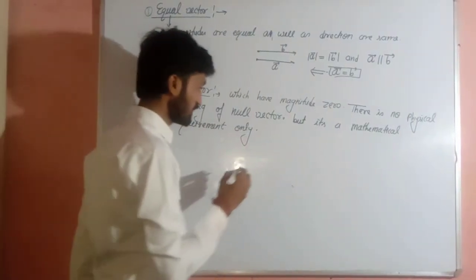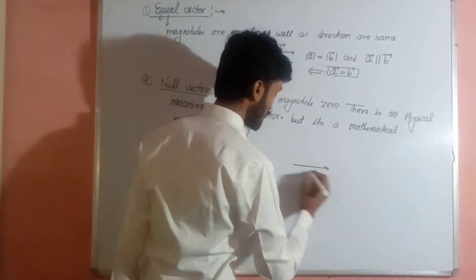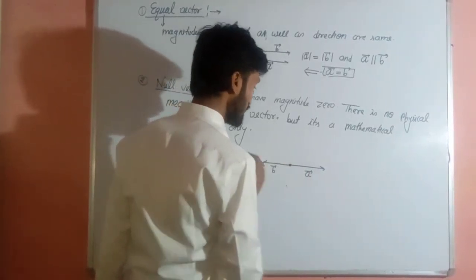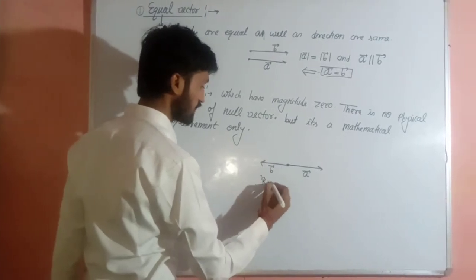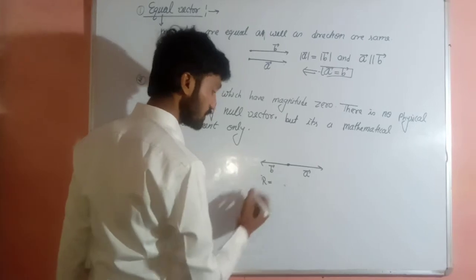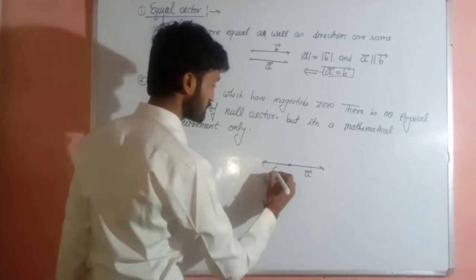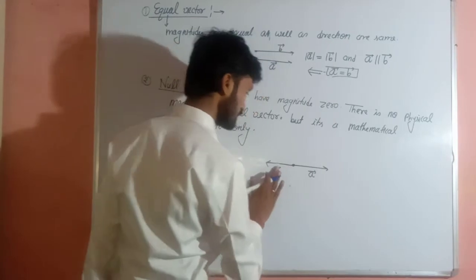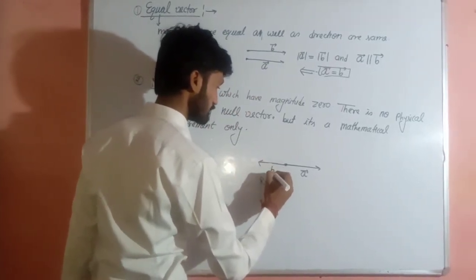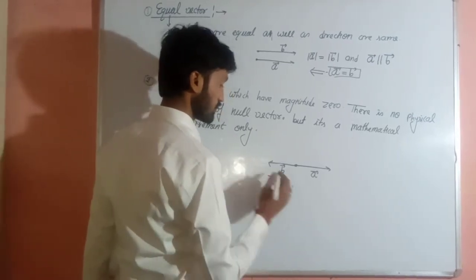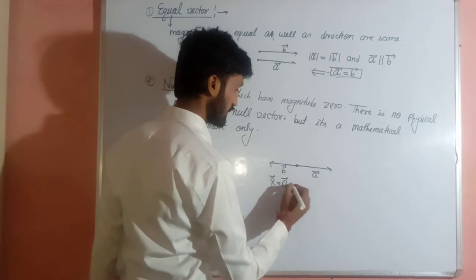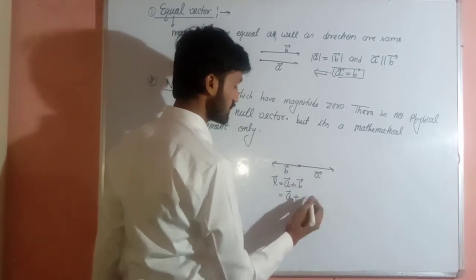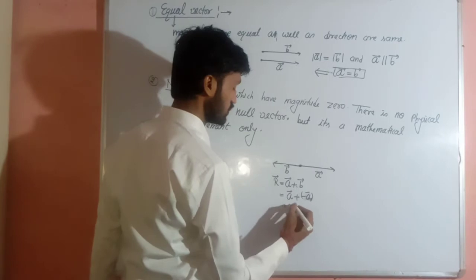For example, if we have two equal vectors in opposite direction, then the resultant of these two vectors will be, suppose like that, the resultant of vector A plus vector B, where vector B is equal to minus vector A, then this will be the 0 vector.